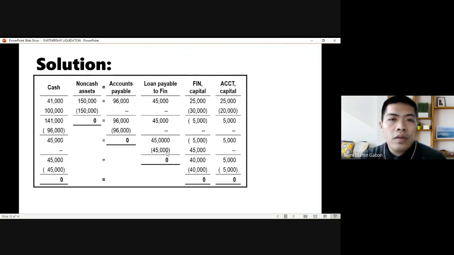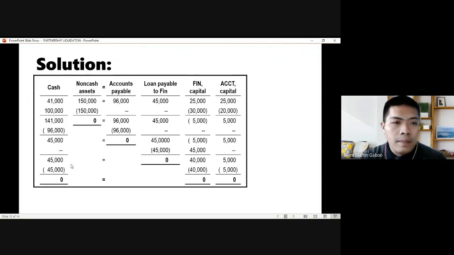So after the right of offset of Fin Capital and the payment of accounts payable, cash is only 45,000, Fin still has 40,000 and Act has 5,000. Then there is nothing else to settle aside from the accounts payable, which is now settled.